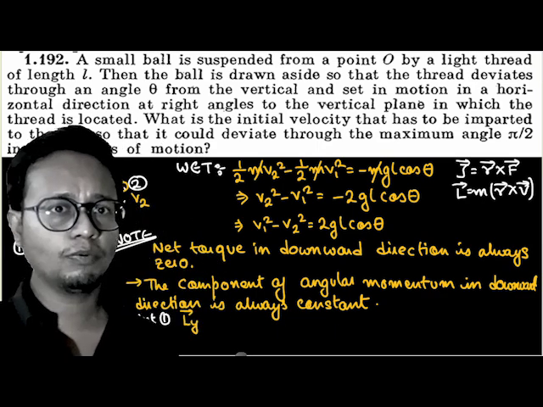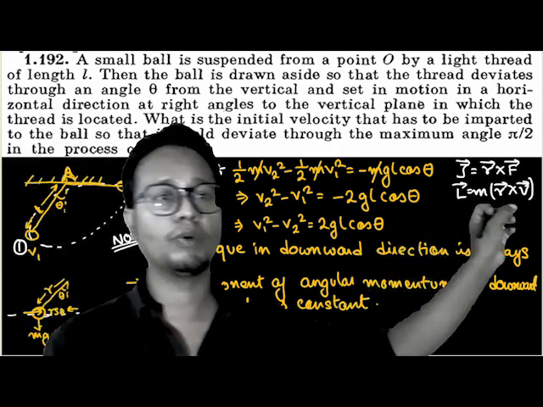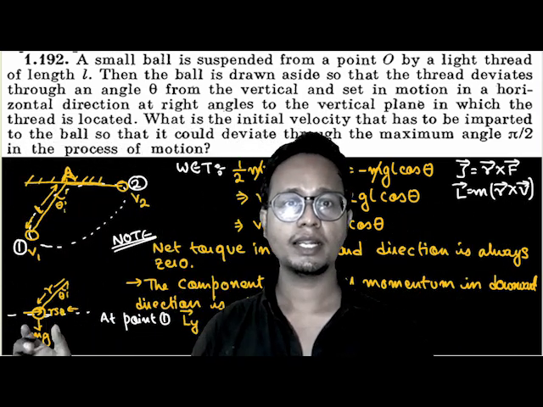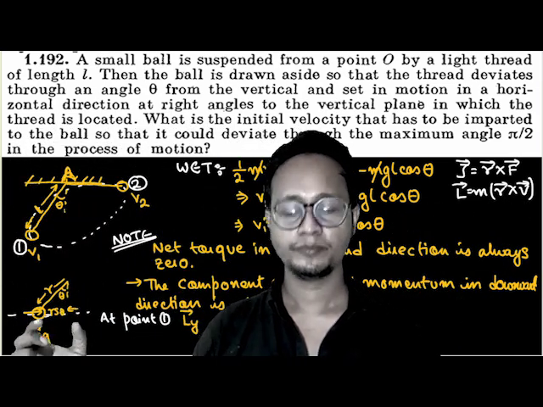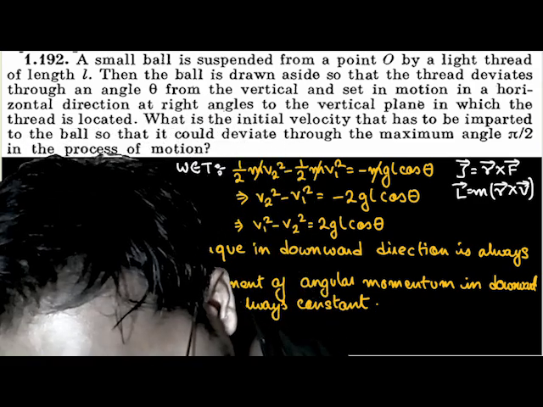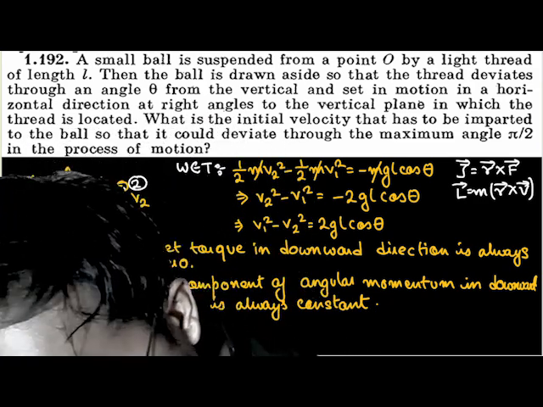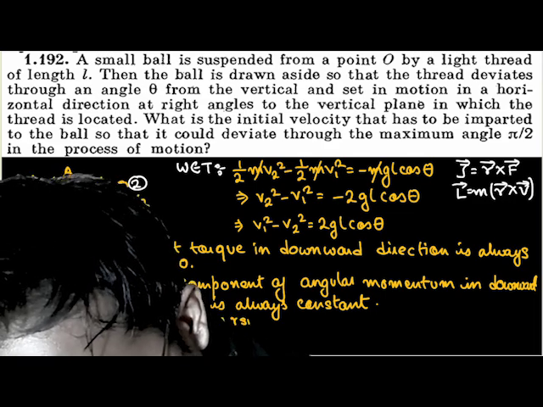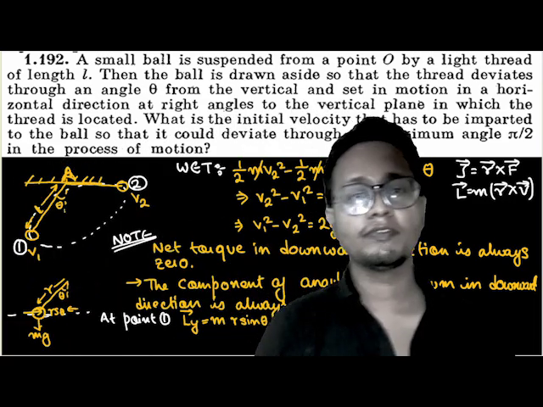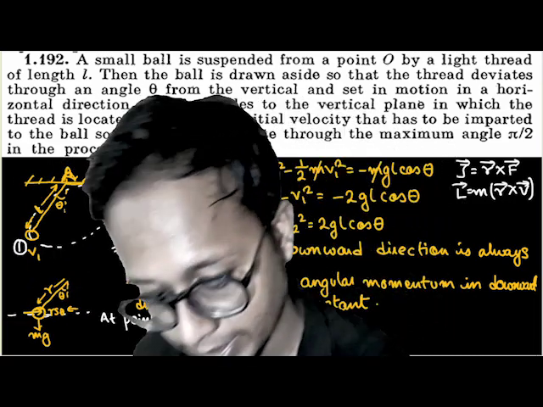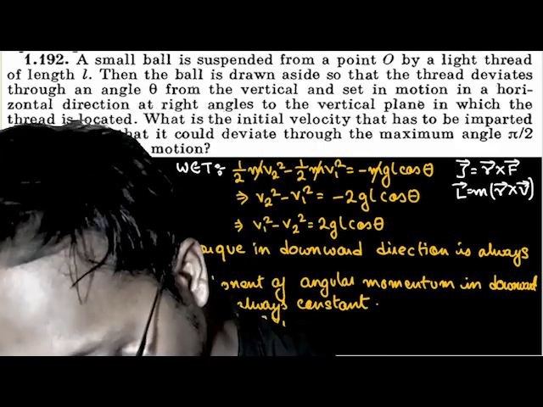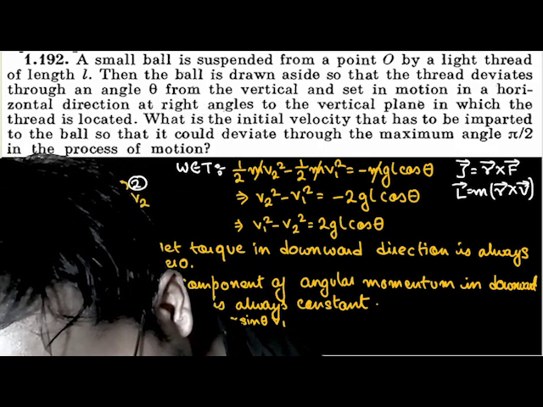Understood? So Ly is equal to mass into, what is the component of r that you must take? r sine theta, isn't it? So Ly is equal to m into r sine theta into V1, the velocity at point 1.